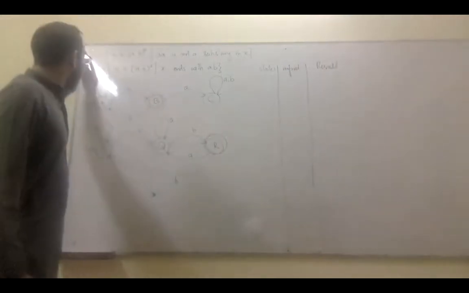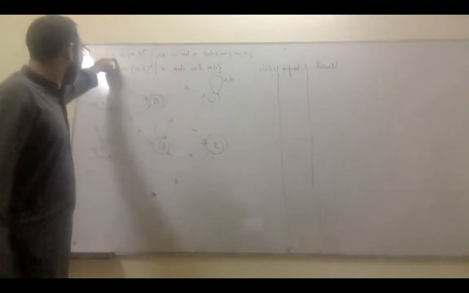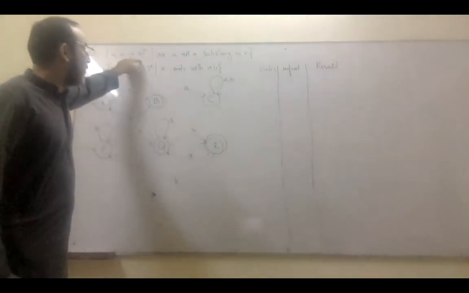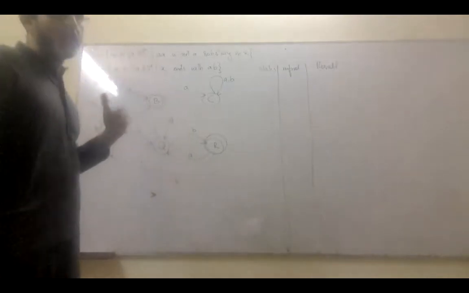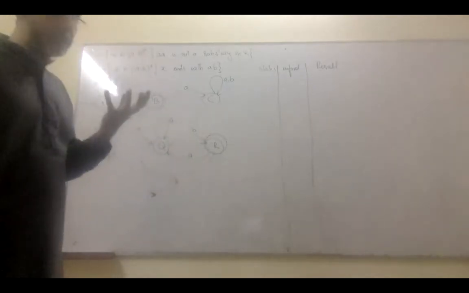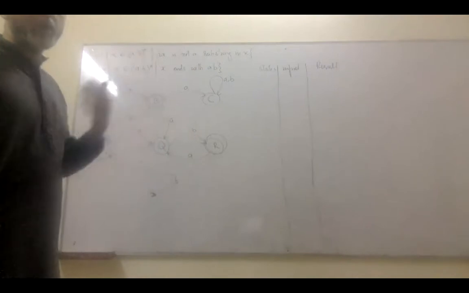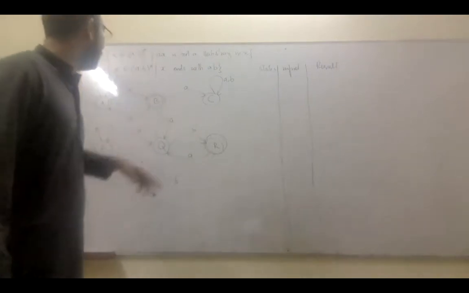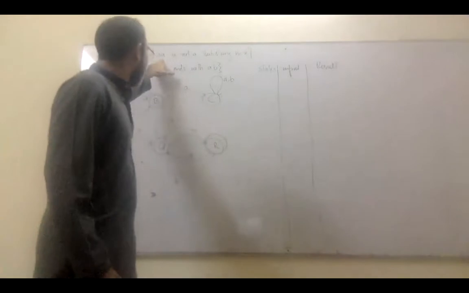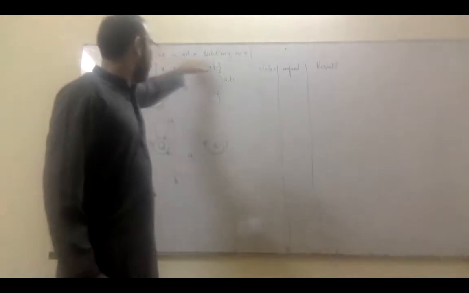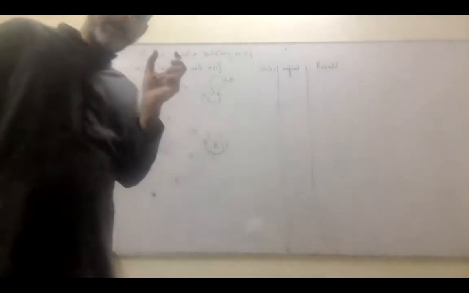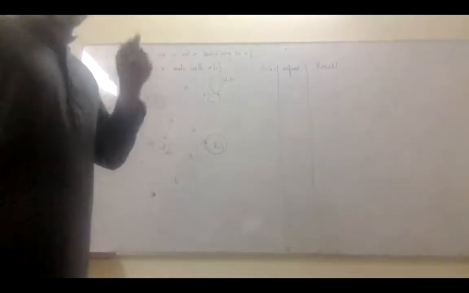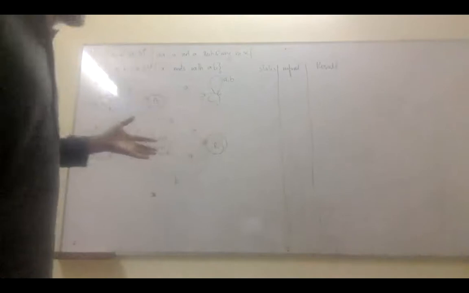This is one language, and that language says that x belongs to {a, b}*, which means x is a string with all combinations of a and b, but with the condition that aa is not a substring in x. So double a would not be part of x, and all other strings are accepted.